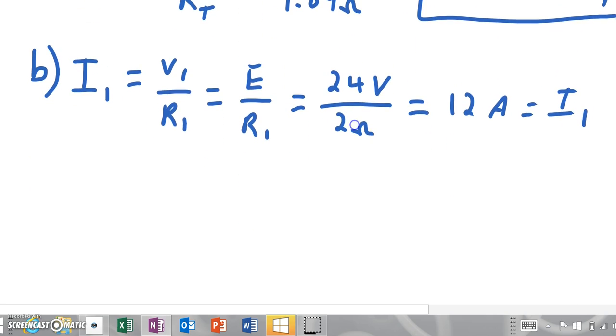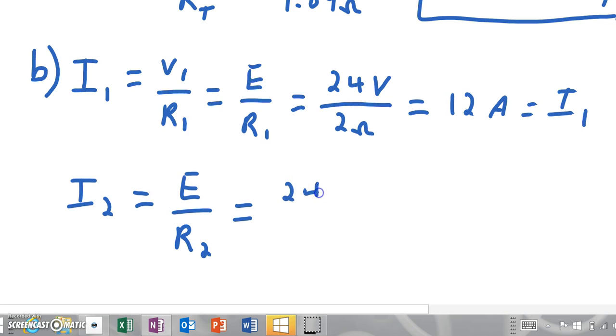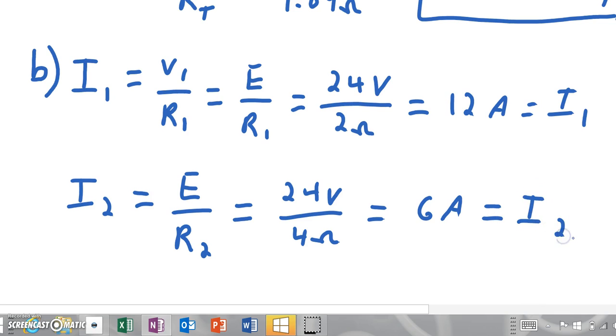Likewise then, if we apply Ohm's law to I2, we have I2 equals V2, or E divided by R2. And so 24 volts divided by 4 ohms gives us 6 amps for I2.